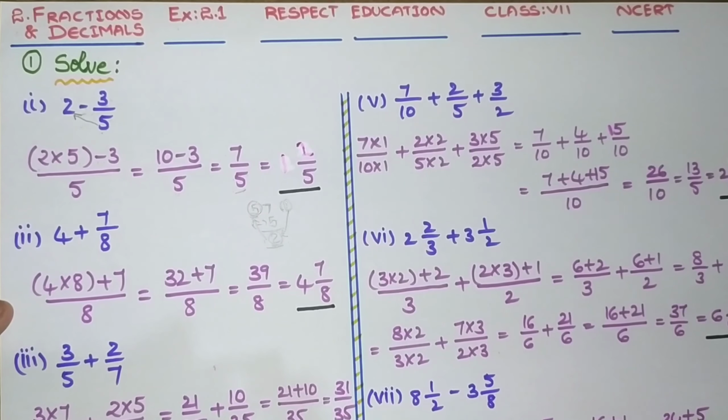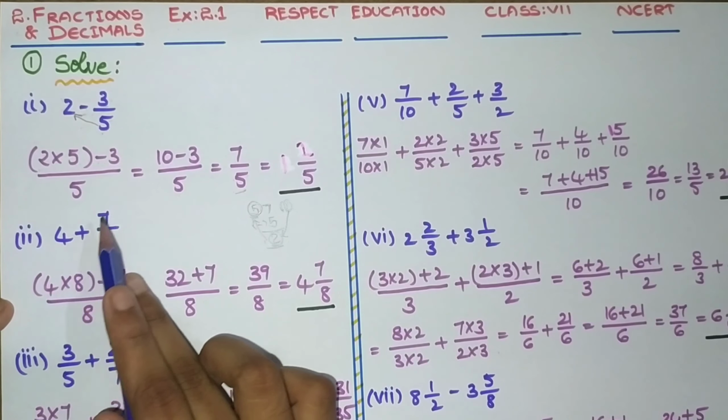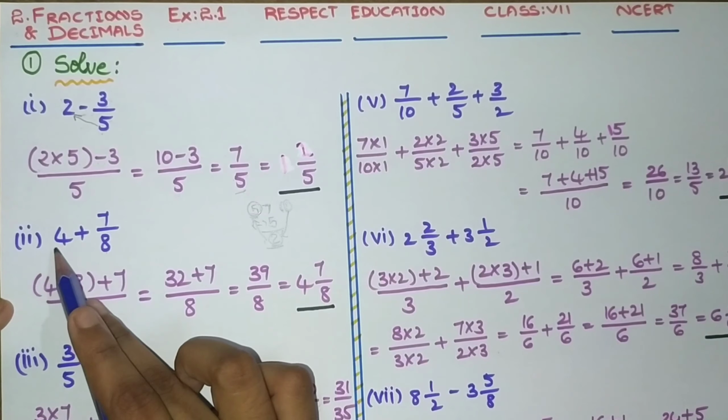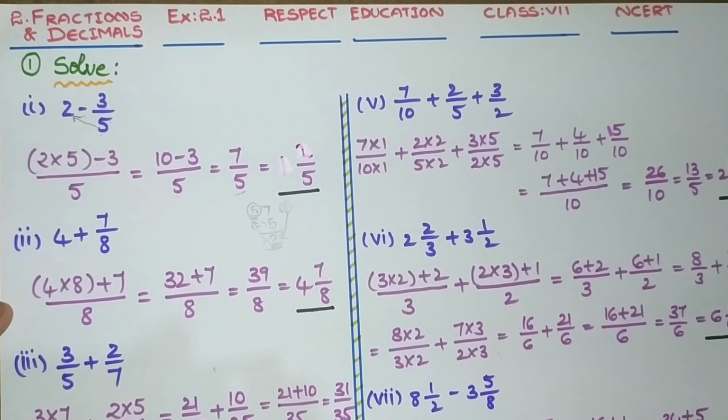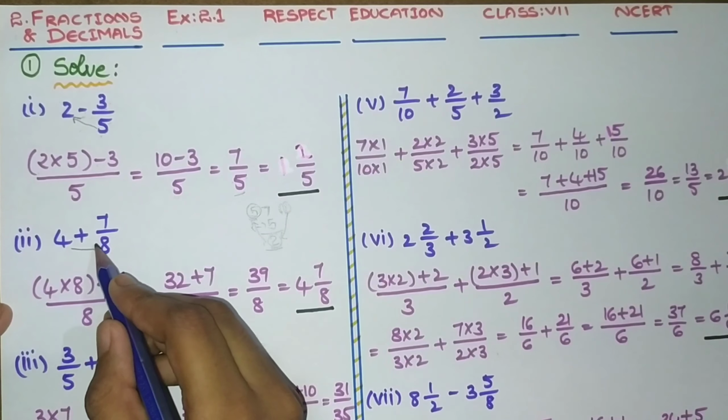Okay friends, now the second bit. 4 plus 7 by 8. As we all know, 4 can be multiplied with 8.